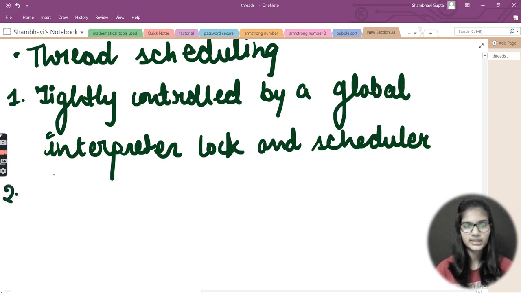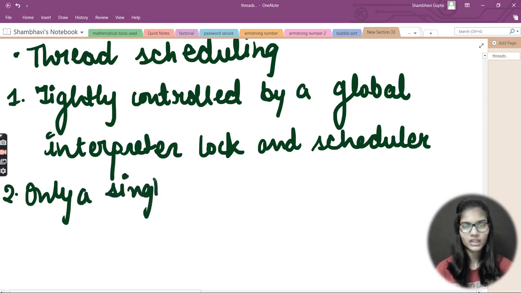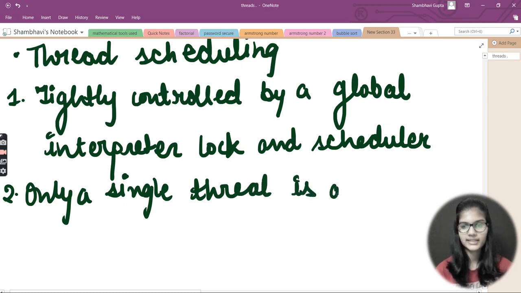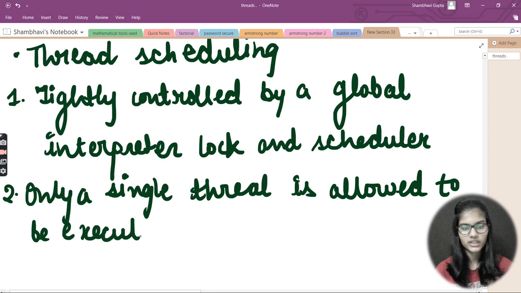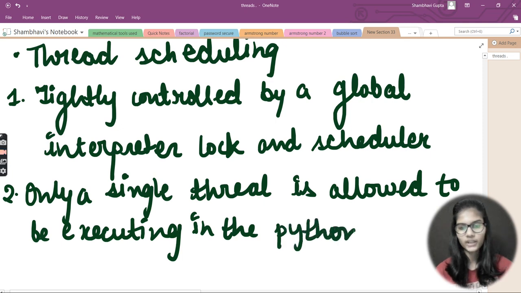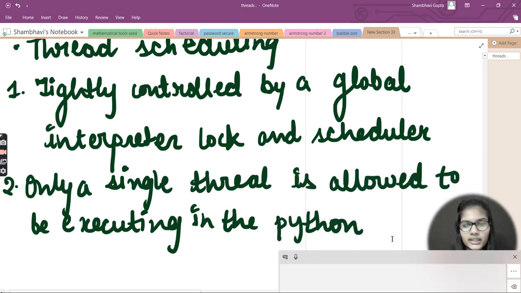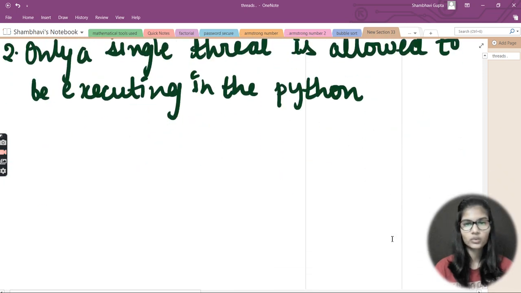Now let's move towards the second, and I'll be writing here that only a single thread is allowed to be executing in the Python interpreter at once.